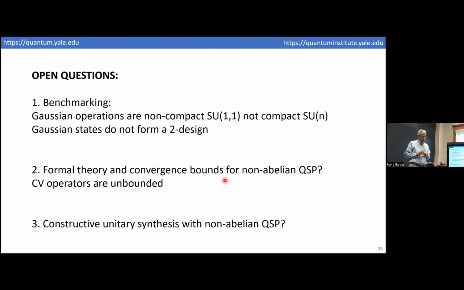We don't have a really good idea of how to do that. And except for this one simple example I showed you, we don't have a constructive theory of how to synthesize circuits using these gates. There are hints that this is going to be very useful, but we still have open questions.